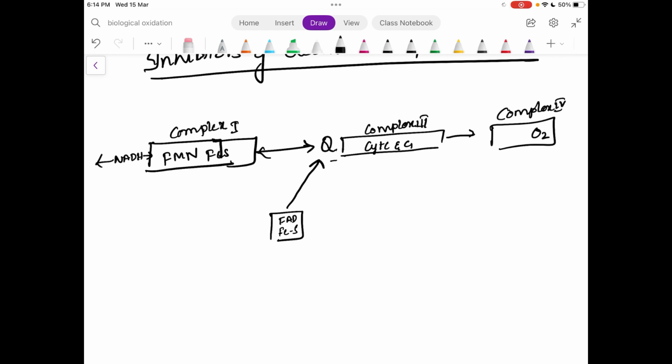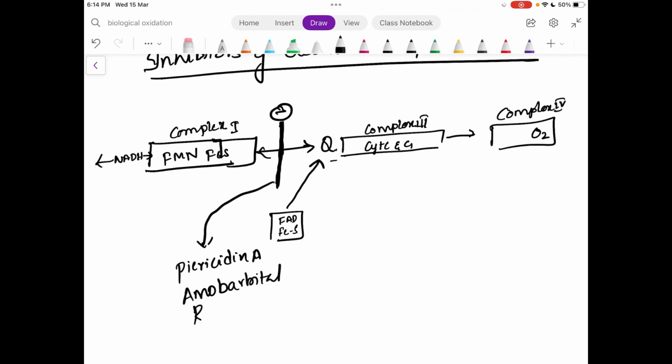Then what are the inhibitors of complex 1? Here the transport of electrons from complex 1 to Q is inhibited by inhibitors such as piericidin A, amobarbital, barbiturates, and rotenone.